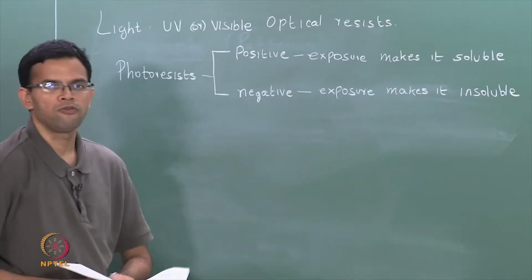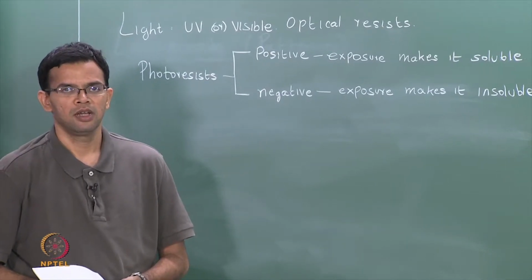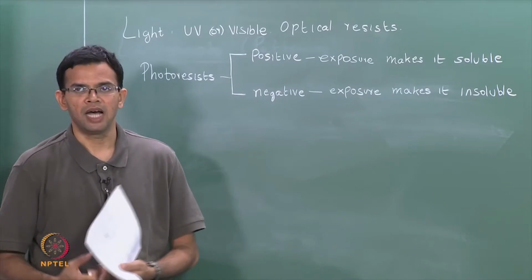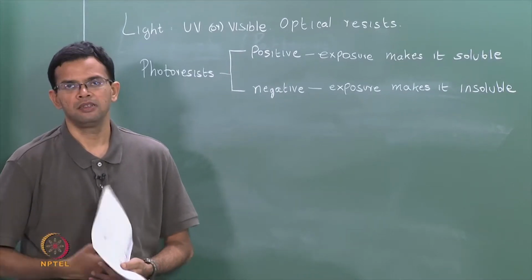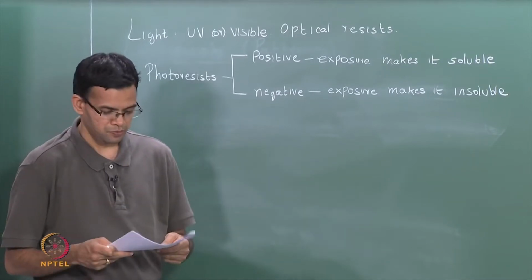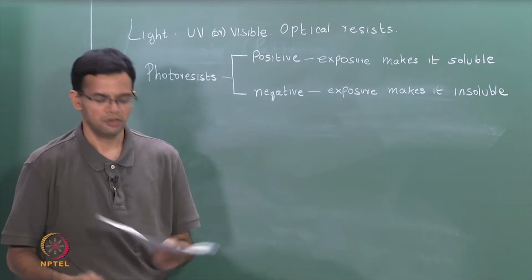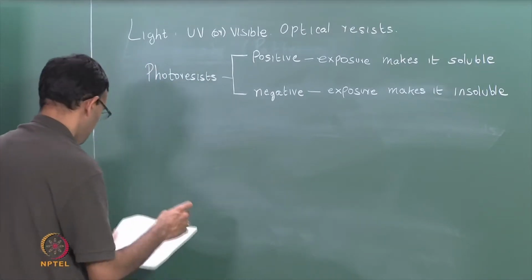So the type of photoresist that you choose for a particular application depends upon the nature of the mask you have, the pattern that you want to transfer, and also the base wafer. So let us look at a difference between the positive and the negative. It's a small example.